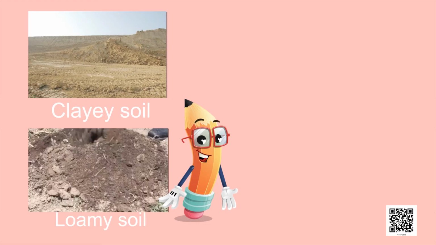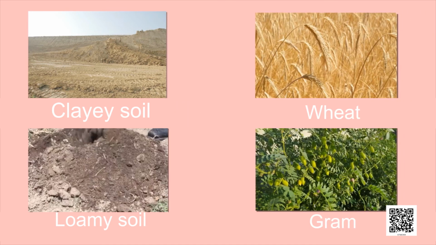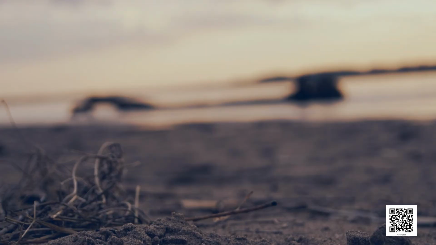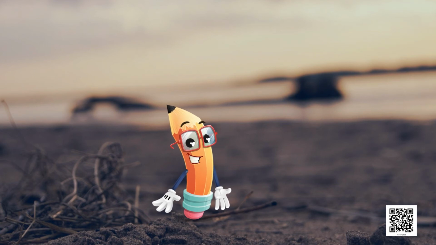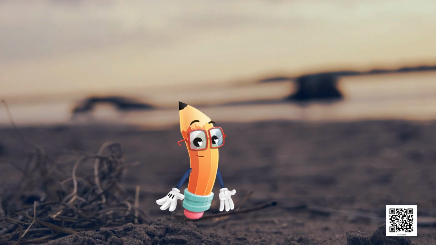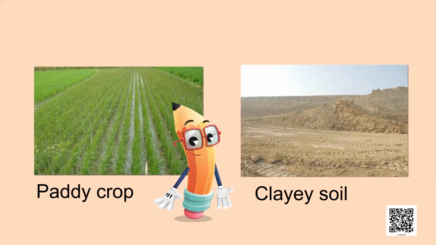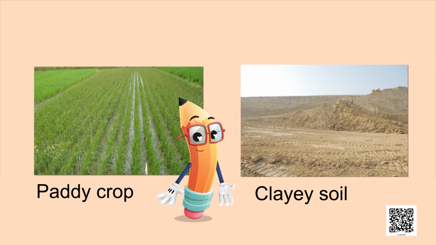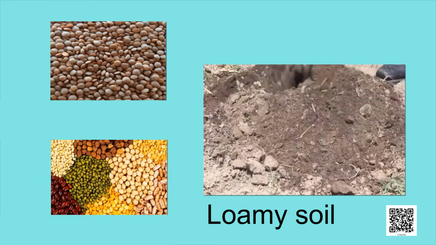Clayey and loamy soils are both suitable for growing cereals like wheat and gram. Such soils are good at retaining water. For paddy, soil rich in clay and organic matter and having a good capacity to retain water are ideal.